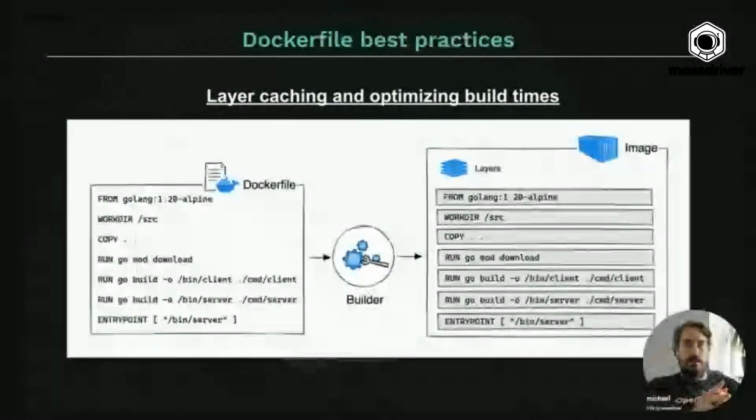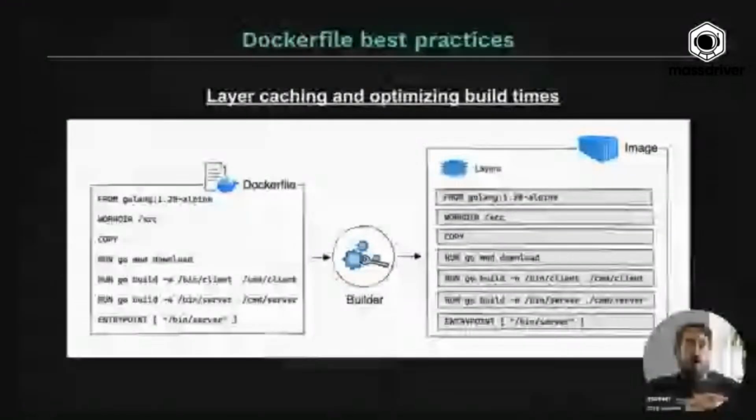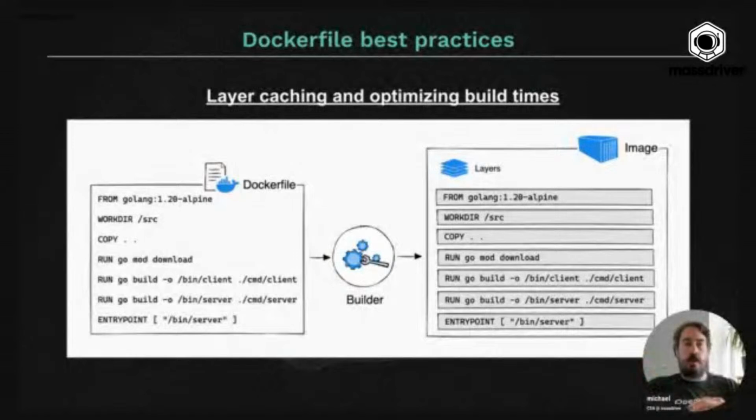As we've covered earlier, Dockerfiles are built in layers, and each instruction adds a new layer to the image. When you build a Docker image, Docker tries to reuse layers from previous builds. This is known as cache layers. If a layer hasn't changed since the last build, Docker will skip rebuilding it, significantly speeding up the build process.